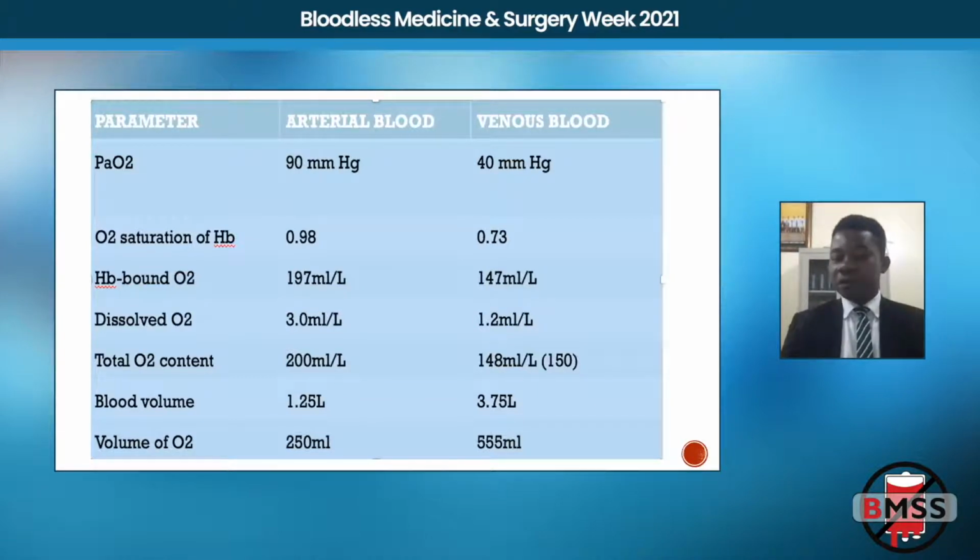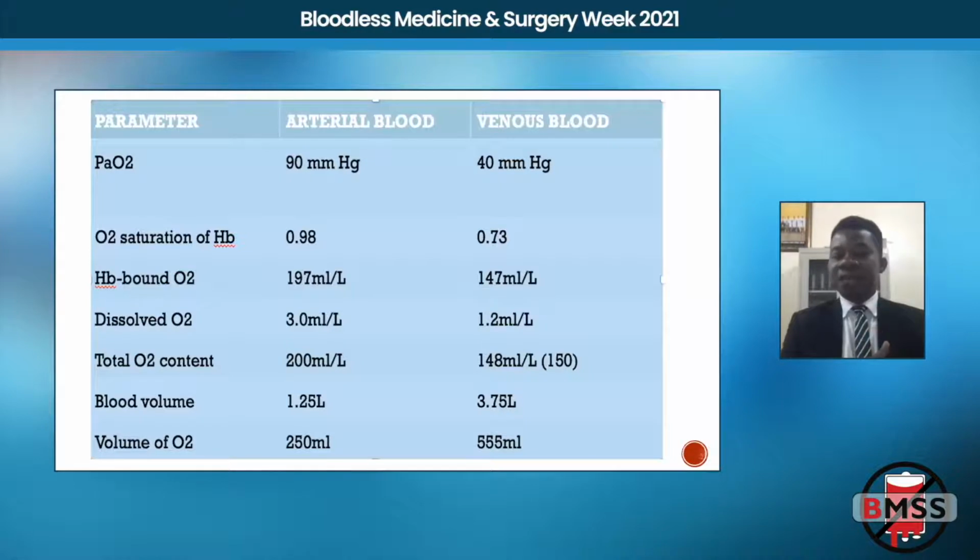So, taking all those into consideration, the total oxygen content in the arterial blood is about 200 ml per liter, whereas in the venous blood it is about 148 ml, approximately 150 ml per liter. That's taking into consideration those bound with hemoglobin and those dissolved in the plasma.